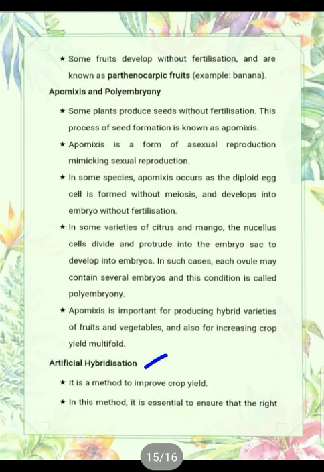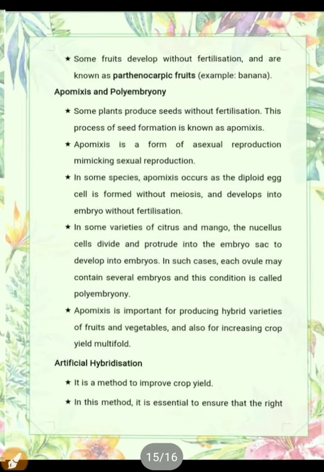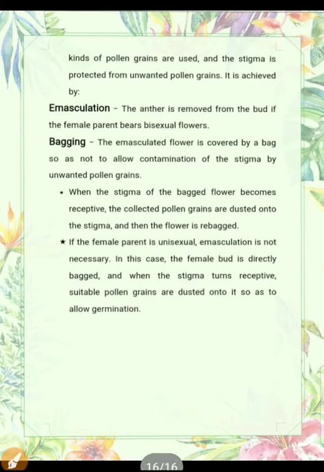Now this one is an important topic, artificial hybridization. Actually, it is a method to improve crop yield. If we want to increase the yield of a crop, we can adopt this method. In this method, it is essential to ensure that the right kind of pollen grains are used and the stigma is protected from unwanted pollen grains.